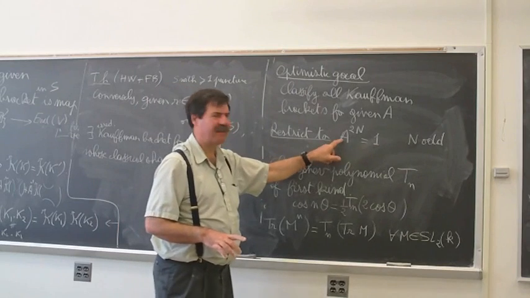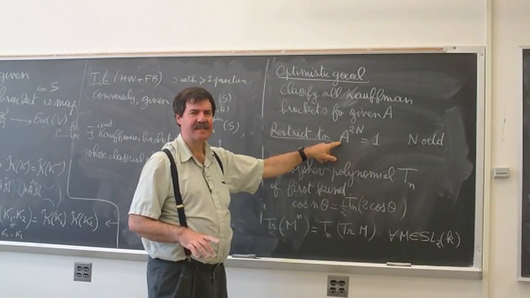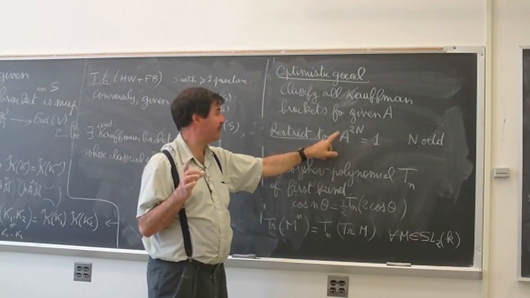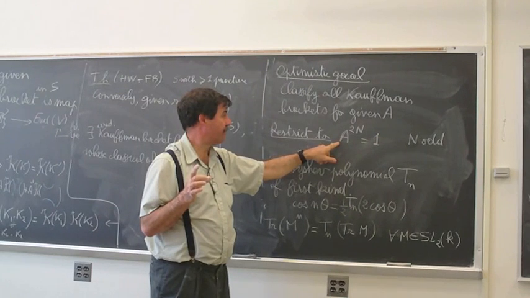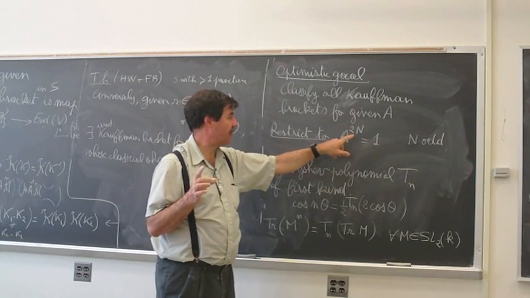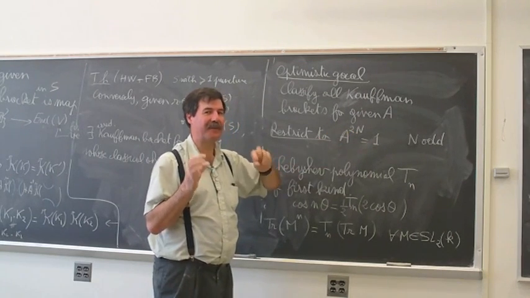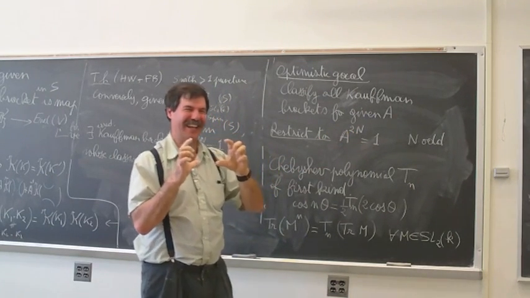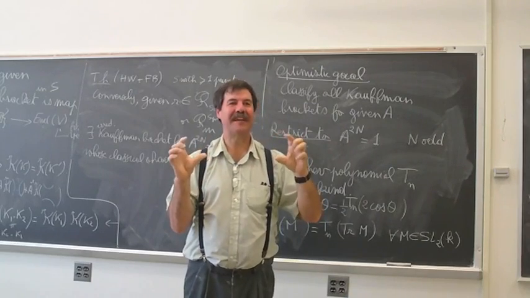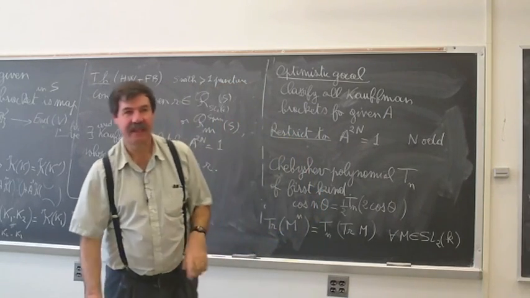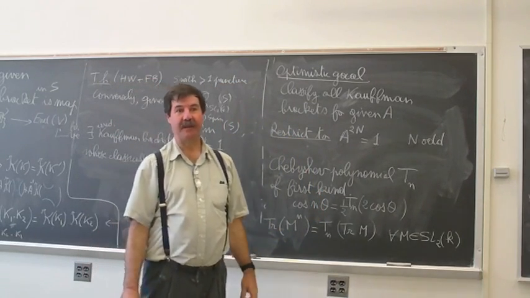You're going to get the quaternions for N a very low power of 2, namely 4, 8, or something like that. So that will come up.